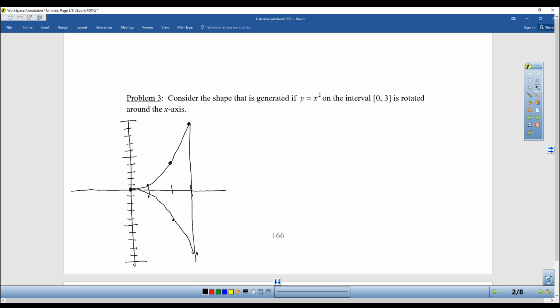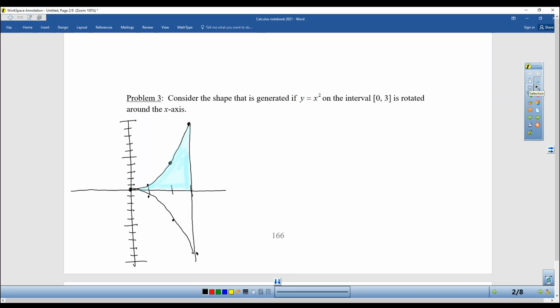So again, if you can't picture it, you can cut out just this shape right here for yourself. So cut out a little parabolic shape there that's been cut off and stick it on your pencil and rotate it around, and then you'll be able to see it.